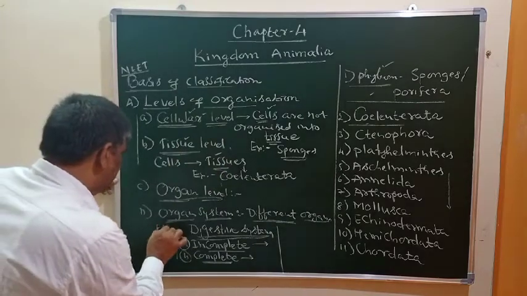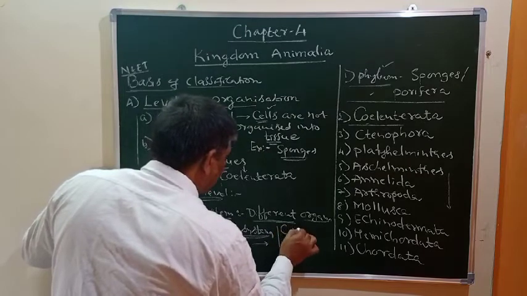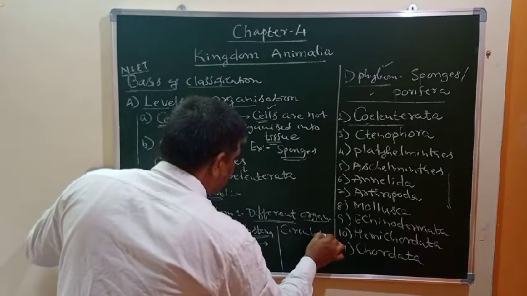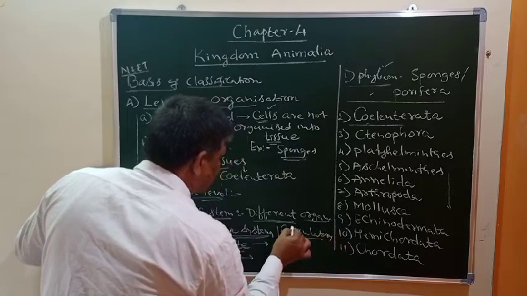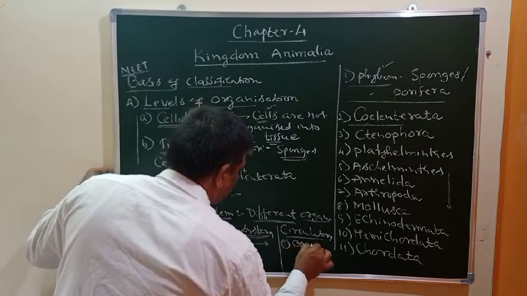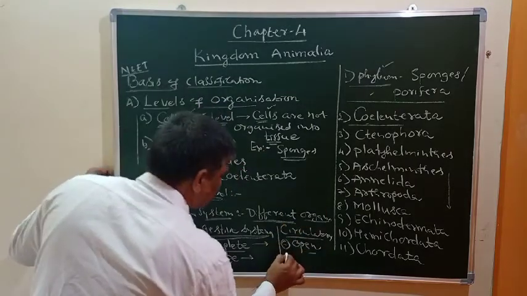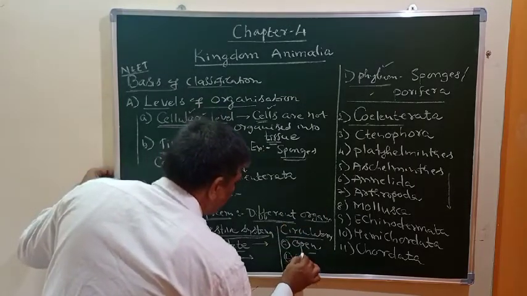Similarly, one more example we can take. I have taken the digestive system, and if we take the circulatory system, we can see two different types. One is called the open type of circulatory system, and some animals have the closed type.